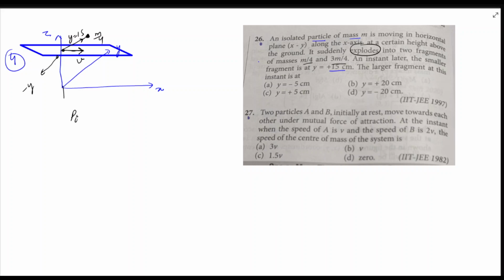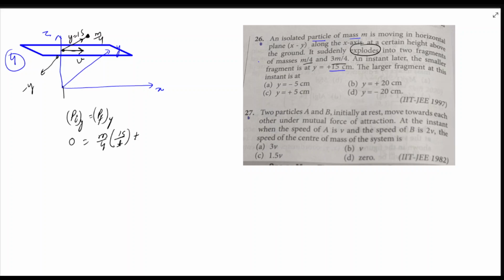So we can simply conserve momentum in the y direction. P initial in y equals P final in y. Initially in y there is nothing, because it is moving in the x direction. This particle is at plus 15, so we can write m by 4 into 15 by t. Let's say it has taken t time, but it does not matter actually.